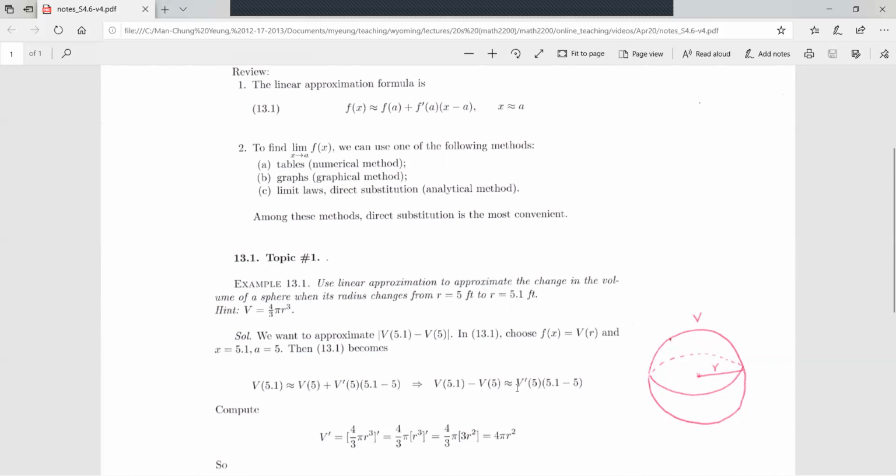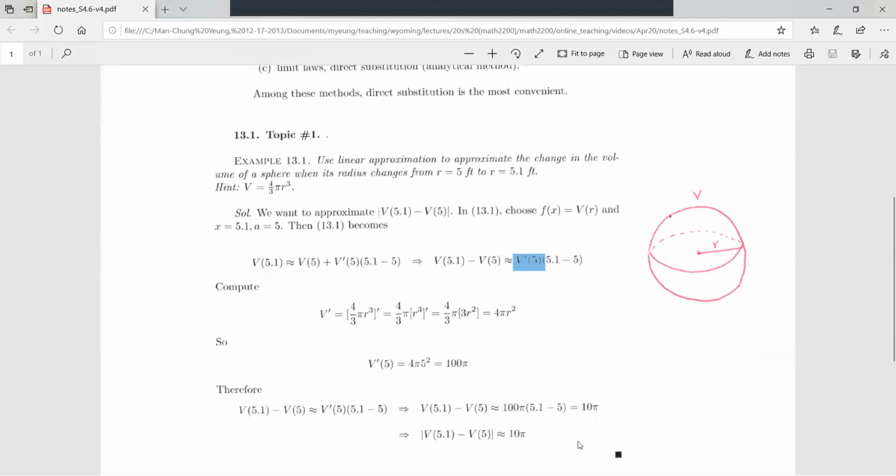Okay, now let's compute the derivative. Take the derivative of the volume with respect to R, then we get the derivative is 4 pi r squared. Plug in 5 for r, then we get the derivative at 5. It is 100 pi. Now plug this number in here.